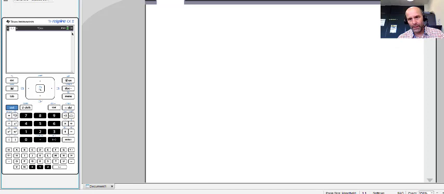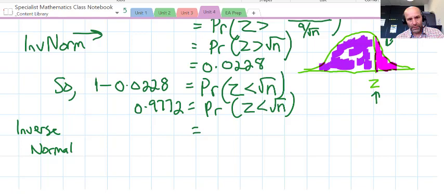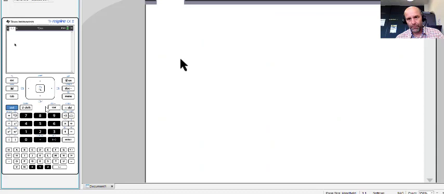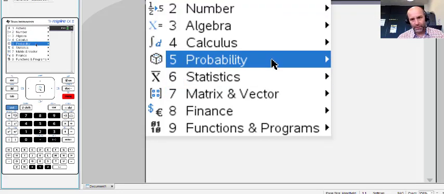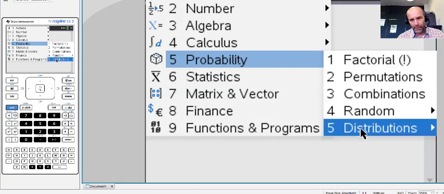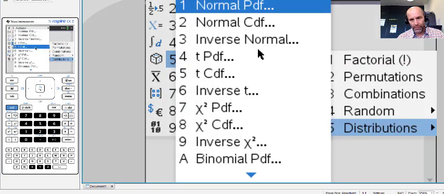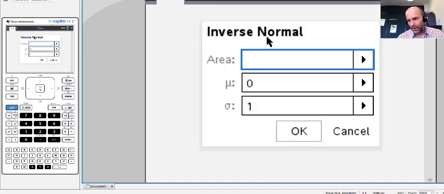The delay there, I thought I had that paused. Just recapping, we're using inverse normal on 0.9772 to find our square root of n value, which will give us our z-score, our quantile. With whatever technology you're using, this is a TI Inspire, we've got probability distributions, inverse normal, and we enter 0.9772.